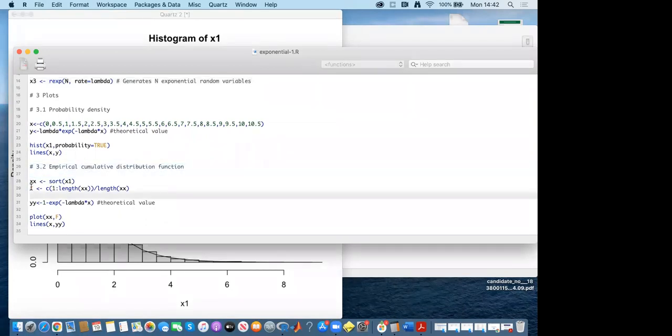So for the empirical cumulative distribution function, you sort the random variables, you compute essentially the fraction of the sorted values, and you get an estimate of the cumulative distribution function. And this is the theoretical value, 1 minus exponential of minus lambda x, and you can plot again.